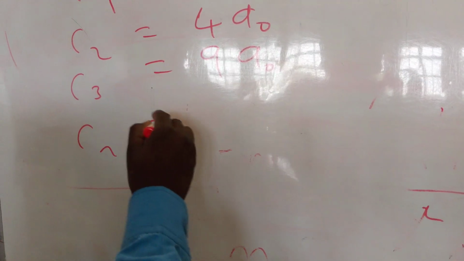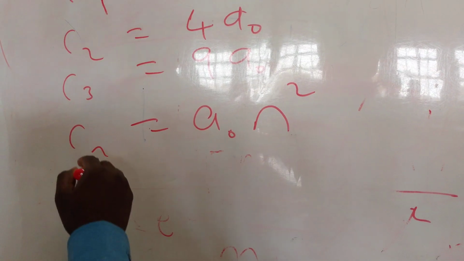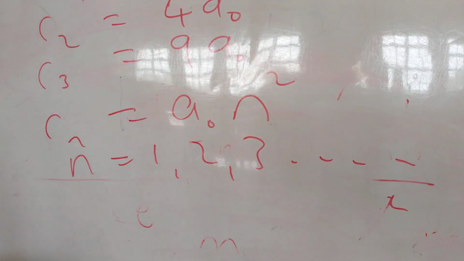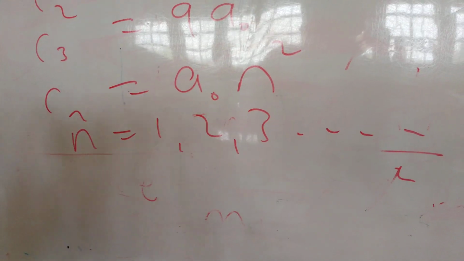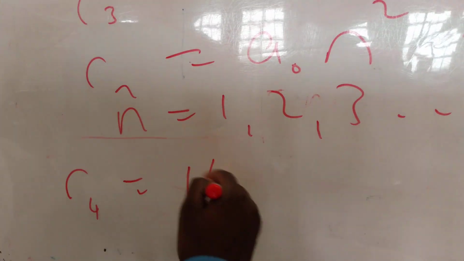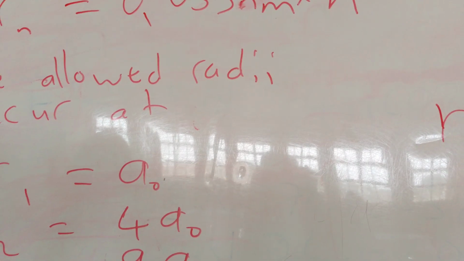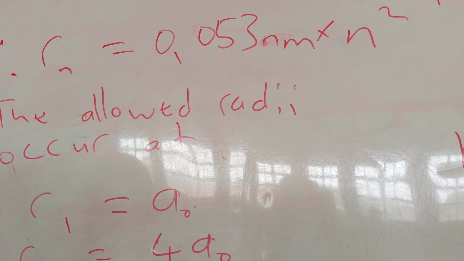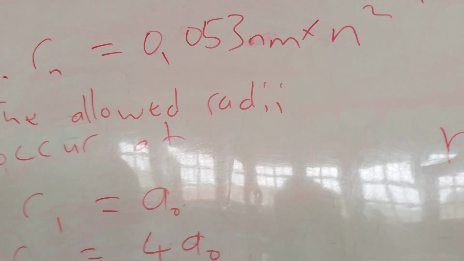So Rn is equal to a naught n squared, where n is equal to 1, 2, 3 up to infinity. So these are allowed radii. You can even have R which is 16 a naught, where the value of a naught is 0.053 nanometers. n is the nth level at which the electron is orbiting about a proton in the hydrogen atom.